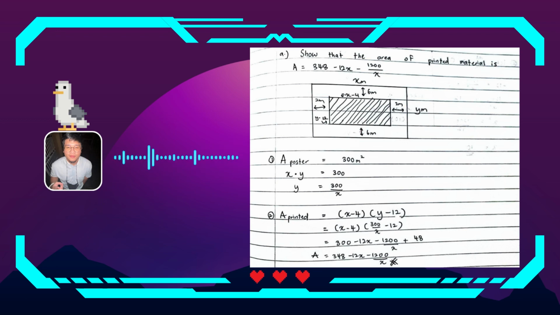So I move X to the right, so Y equals to 300 over X. For the area of the printed material, I write it as X minus 4 times Y minus 12. You all just gonna use the basic expansion, and we're gonna get the value of A equals to 348 minus 12x minus 1200 over x, and that's it.